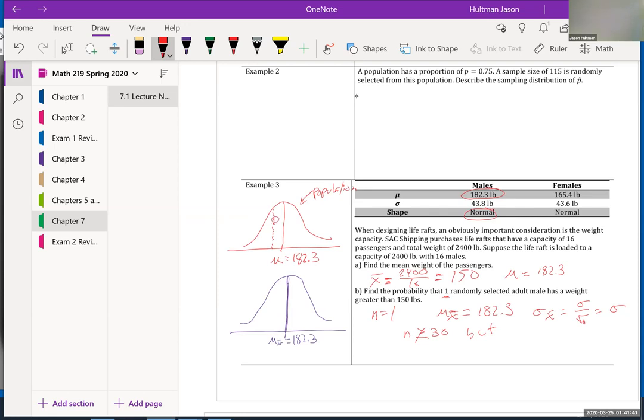How do you average a sample of size 1? It's just that one value.